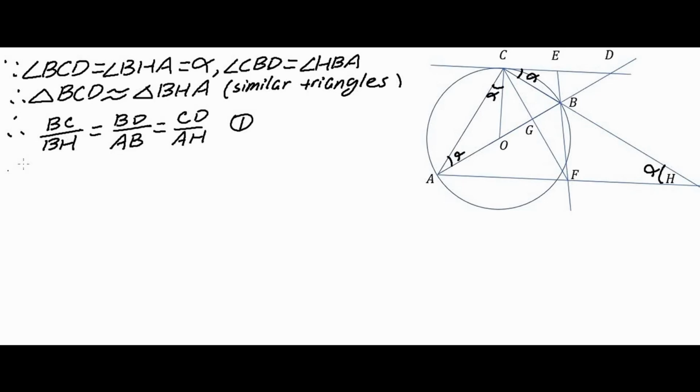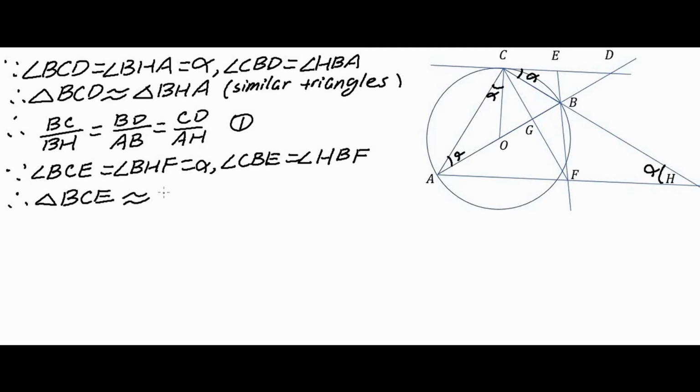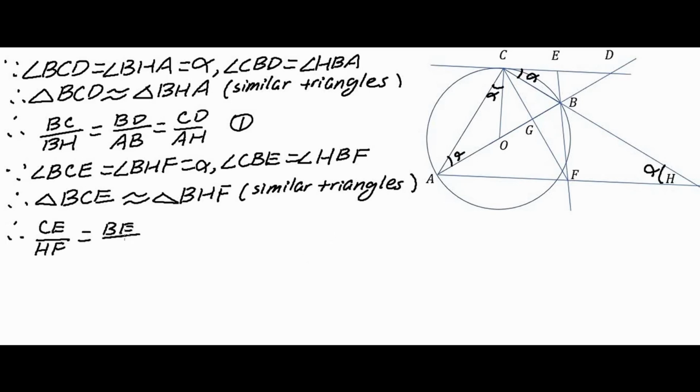1. The next pair of similar triangles we're going to examine is triangle CBE and triangle HBF. Similarly, angle BCE equals angle BHF equals alpha, angle CBE equals angle HBF as they are vertical angles, hence they're similar triangles. Therefore, we see that CE over HF equals BE over BF equals BC over BH, which gives us equation 2.